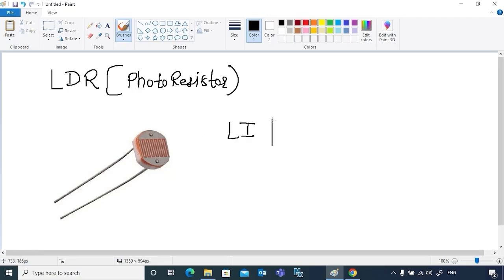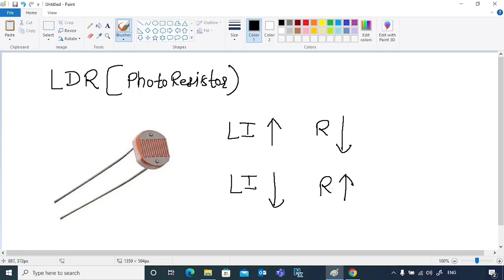If you increase the light intensity, the resistance decreases, and if you decrease the light intensity over the LDR, the resistance is increasing. So this is the LDR.